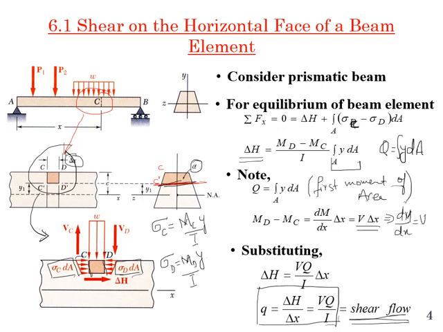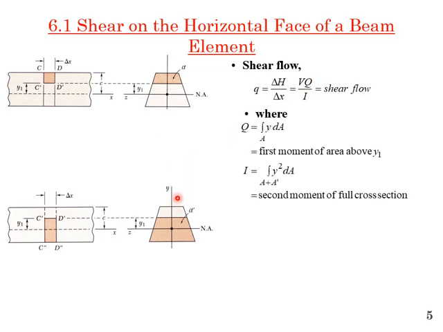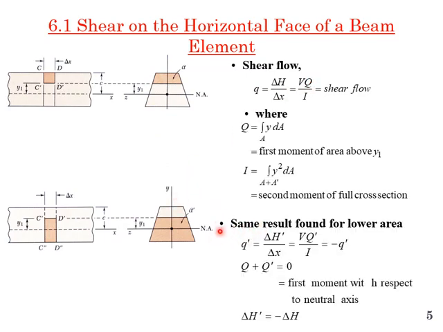For example, let's see again. We calculated shear flow Q for this shaded region, that is the shear flow for the top region. Now on this surface, if I take the bottom region, I can take Q for the bottom region. So shear flow, let me write Q prime.